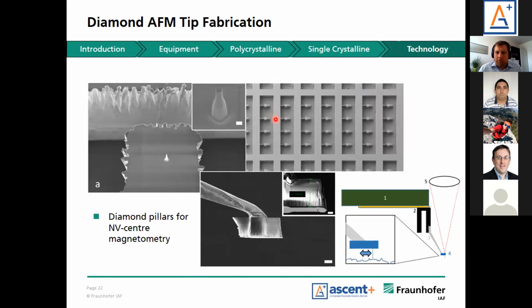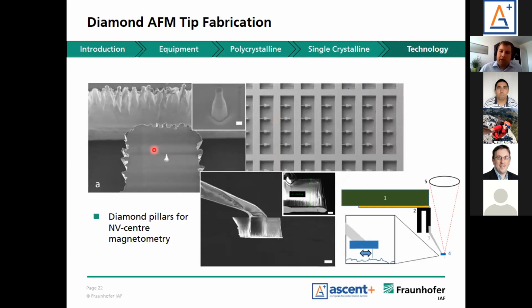And as I mentioned, we're producing tips for scanning probe magnetometers, which is a very recent field. Actually, there are, I think, only a few companies, probably three or maybe these days four, that can provide you with a scanning probe magnetometer.